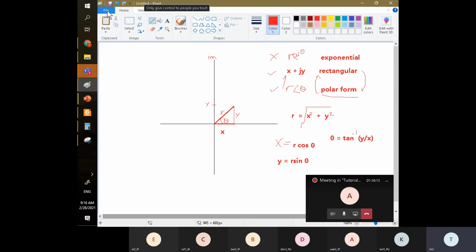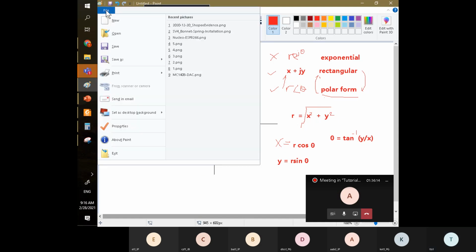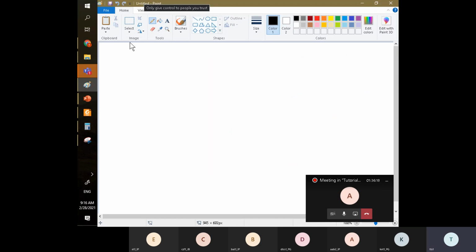Let's try one exercise. 40 in polar form at 50 degrees, plus 20 at minus 30.